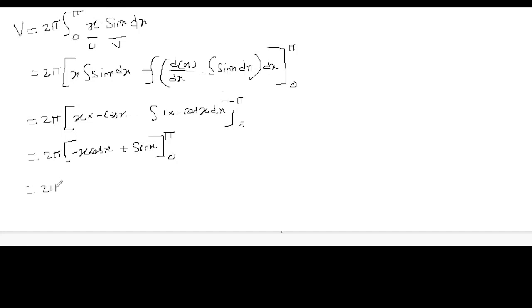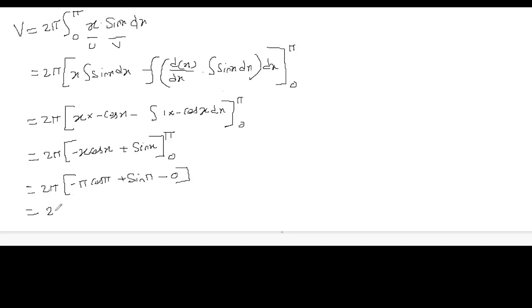So 2 pi remains outside. The upper limit is pi, so it is minus pi cos pi plus sin pi, and at 0 this is 0 as well as sin 0 is also 0.